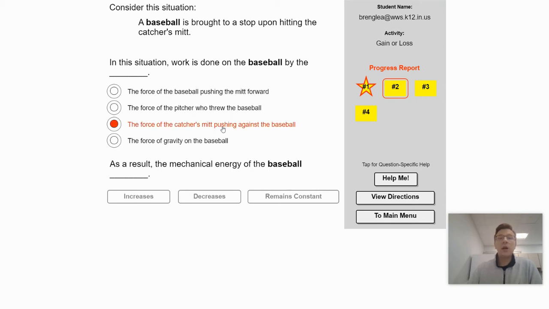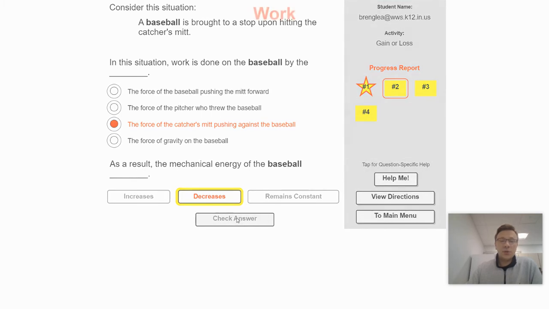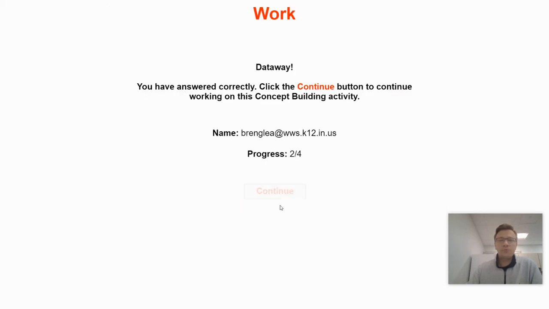That sounds good, the mitt is what stops the baseball. And the total mechanical energy of the baseball decreases because it initially has kinetic energy, and then when it's brought to a stop, that kinetic energy decreases to zero. So the total mechanical energy, which is kinetic plus potential, is decreasing in that situation.